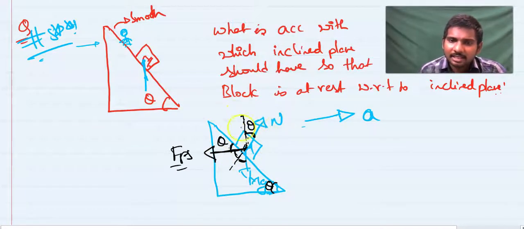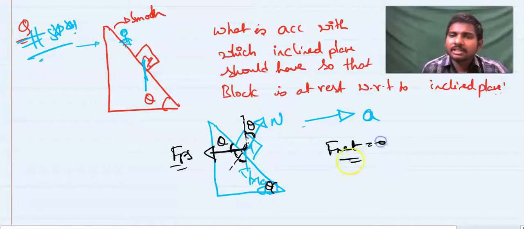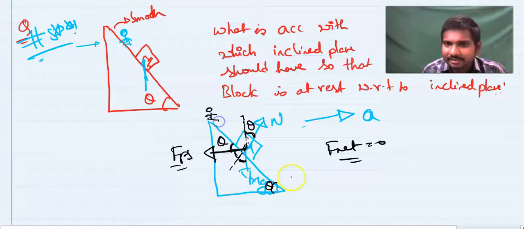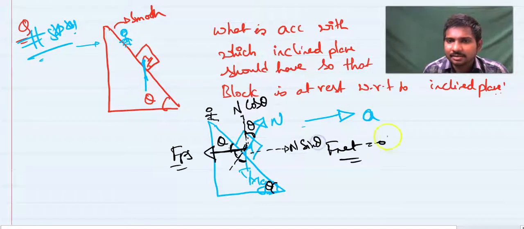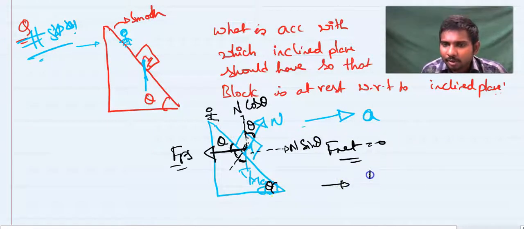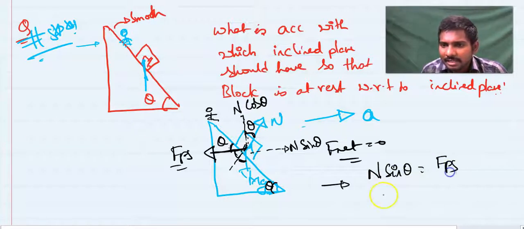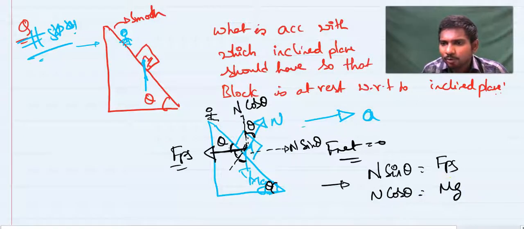So the net force of normal, mg and F_ps should become 0, so that the block is at rest according to the man sitting here. So I am resolving this N into N cos theta in the vertical direction, and N sin theta in the horizontal direction. So N sin theta is equal to F_ps and N cos theta should be equal to mg, so that the net force on the block is 0.